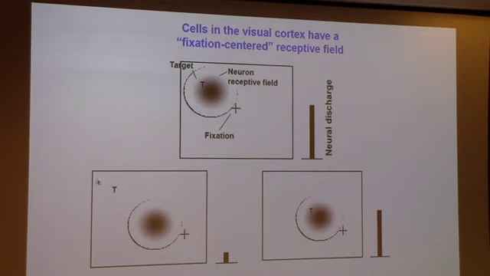If I still have a target here at the old location, because it does not fall into my receptive field anymore, you cannot get a response. However, if I keep this fixation point here, but I move the target into the receptive field, so the relative position of the target and the receptive field is the same as the first one, then you will generate a similar discharge.